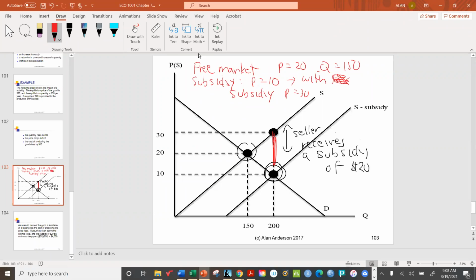And you notice how they're producing 200 units when the society only wanted 150 units. So the remaining 50 units has to be bought up by the government, again, at the expense of the taxpayers. So the taxpayers are getting hit twice here. They're providing the subsidy, and they're also paying for the storage of these 50 extra units. Or I shouldn't say unwanted, but these are the products that people weren't willing to pay for earlier.